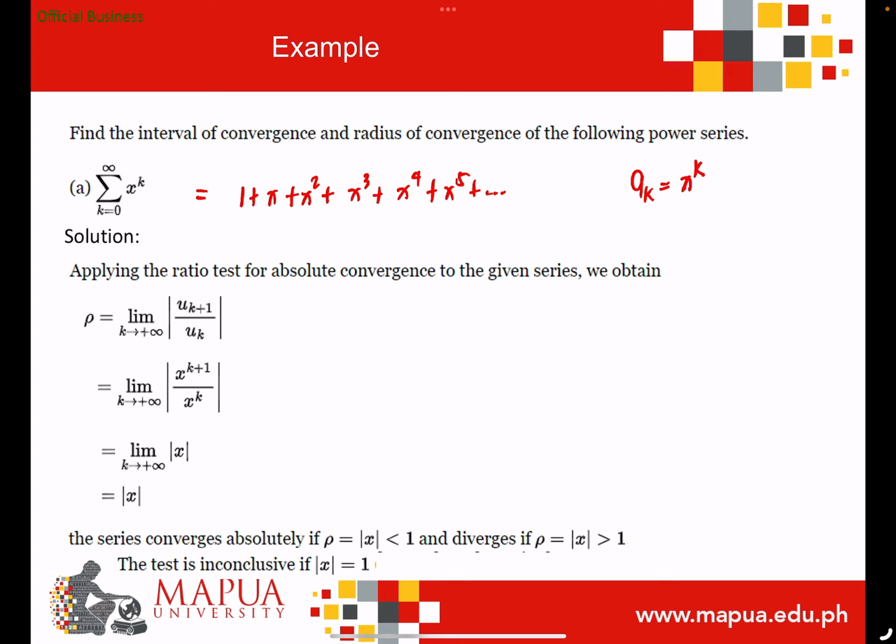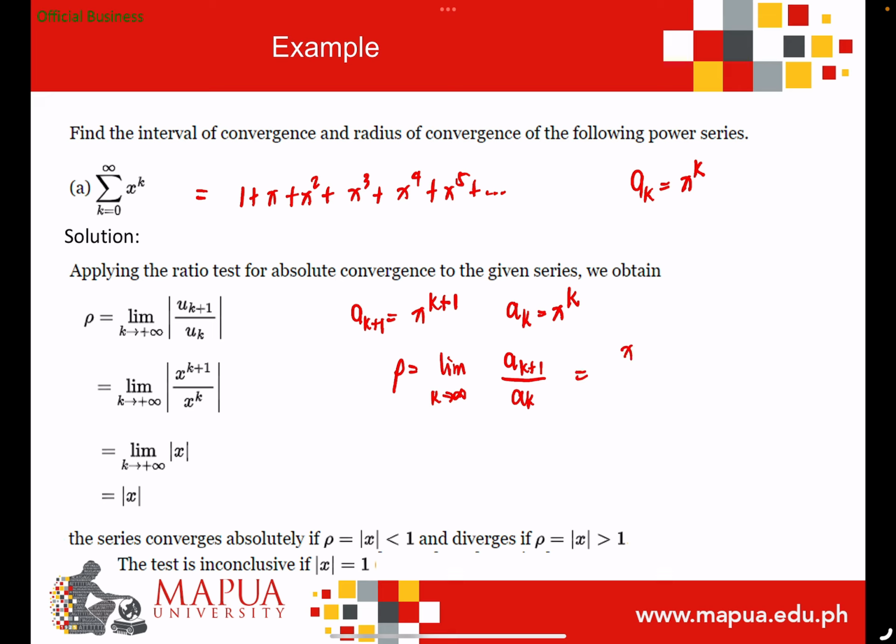So we can check for the convergence of this power series by applying the ratio test. So rho is equal to a sub k plus 1 over a sub k. So that is x raised to k plus 1 over x raised to k, because a sub k plus 1 is equal to x raised to k plus 1, and a sub k is nothing but x raised to k. So rho is the limit of a sub k plus 1 over a sub k as k approaches infinity.